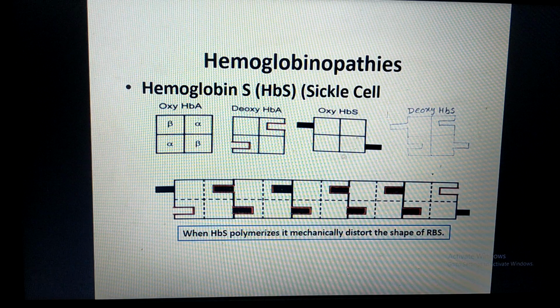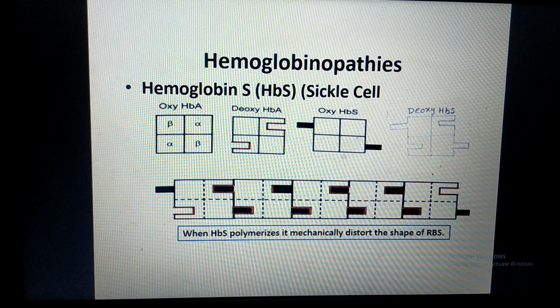Now compare the structure of oxyhemoglobin S with oxyhemoglobin A. This oxyhemoglobin S already has protrusions on it which are not present on oxyhemoglobin A. When hemoglobin S is deoxygenated, it forms cavities like deoxyhemoglobin A. Therefore, deoxyhemoglobin S has protrusions as well as cavities.